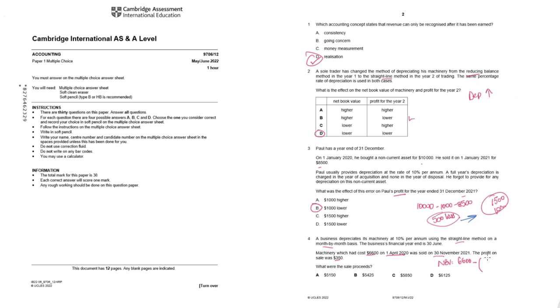So 8 plus 12, 20 months. So 6,600 into 10% into 20 by 12. So the net book value that we get is 5,500 and the profit on disposal is 350. So the sale proceeds will be 5,500 plus 350, 5,850, option number C.